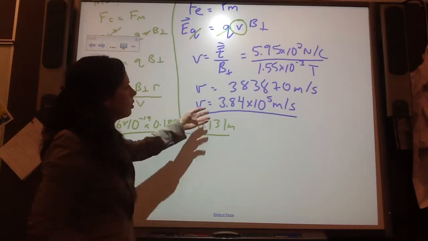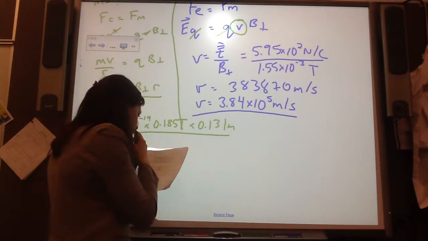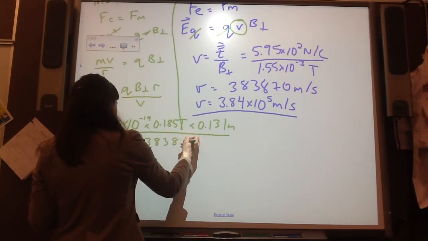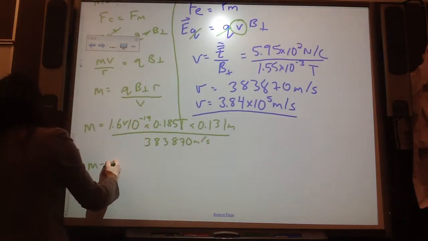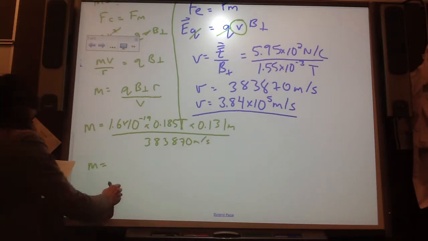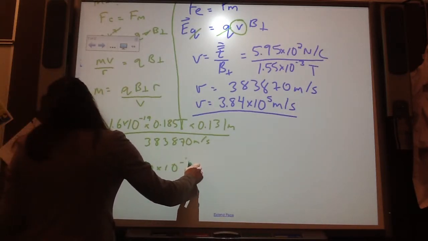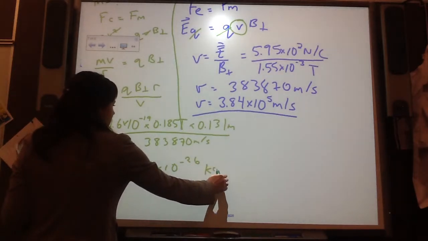I'm not going to use the abbreviated one. I'm going to put in all digits. I'm not going to use the rounded option. So your mass, you should get 1.10 times 10 to the negative 26.